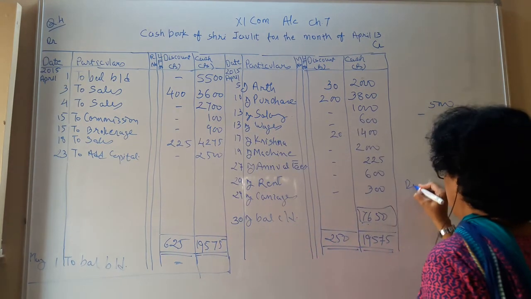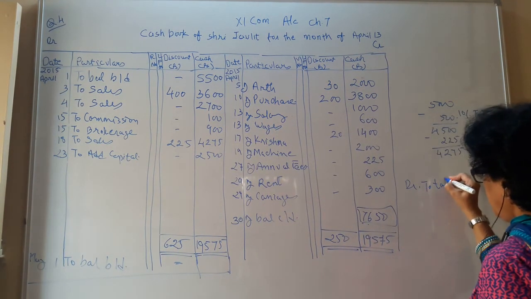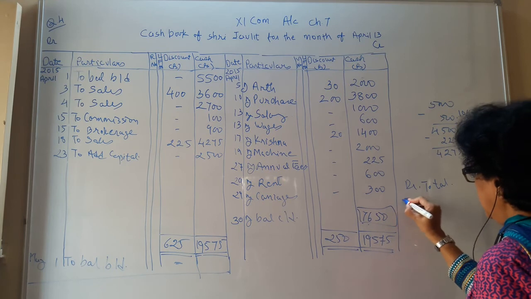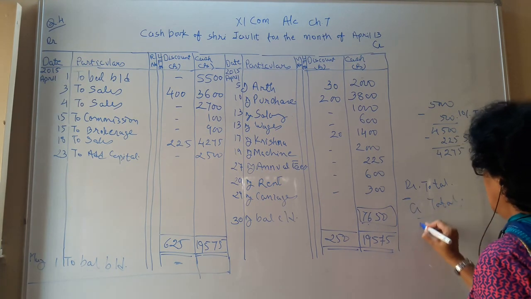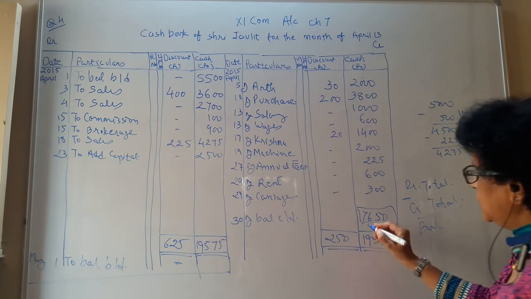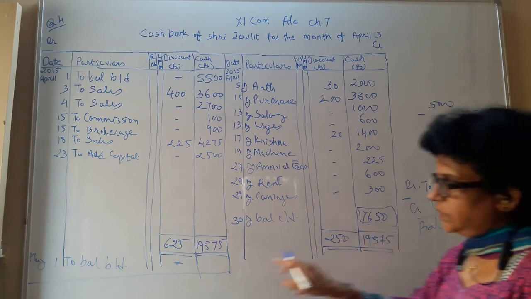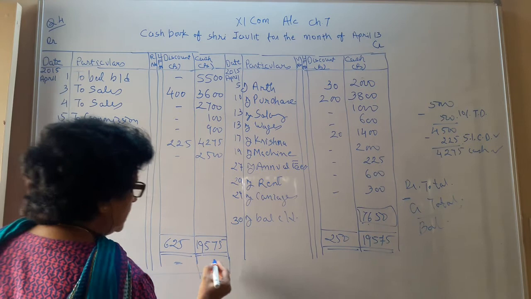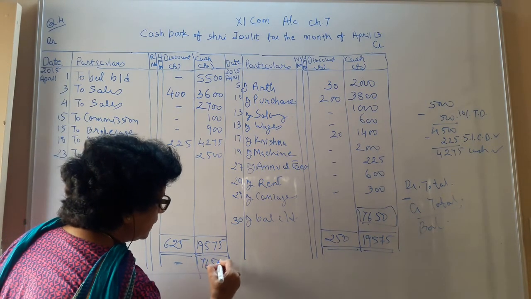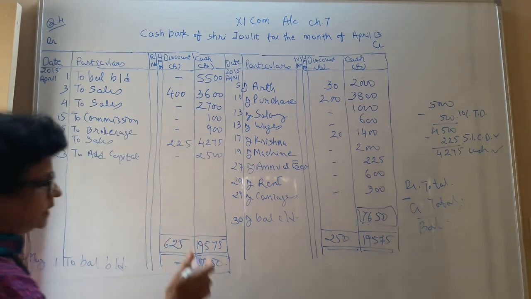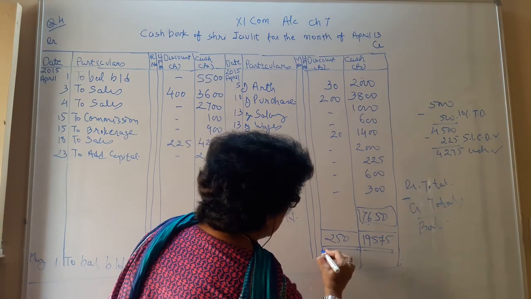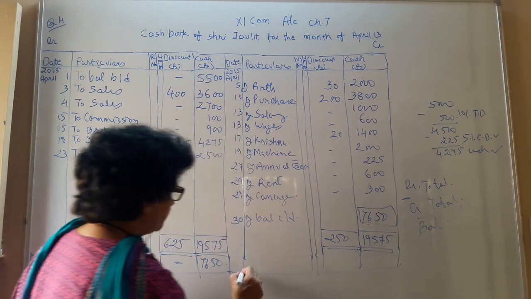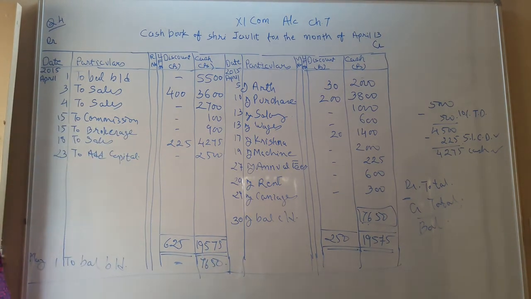So your debit total minus your credit total gives you the balance. Is it clear? That is 7650. This becomes your opening balance, 7650.